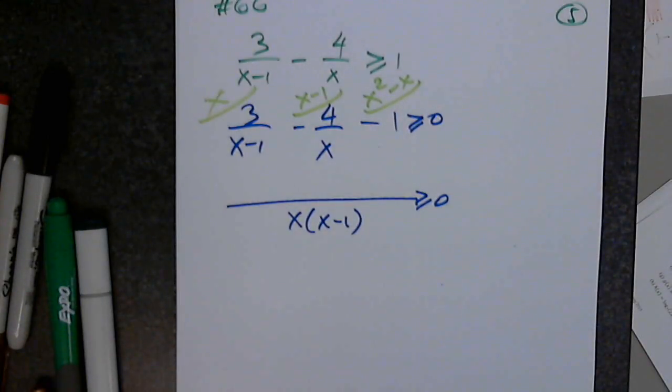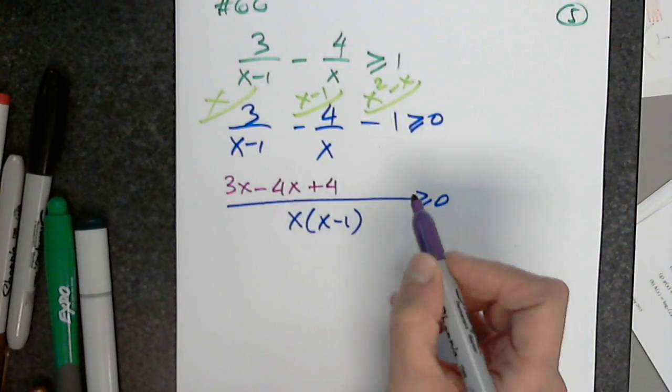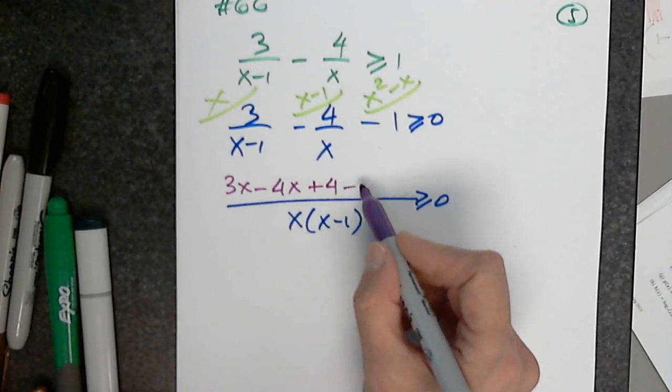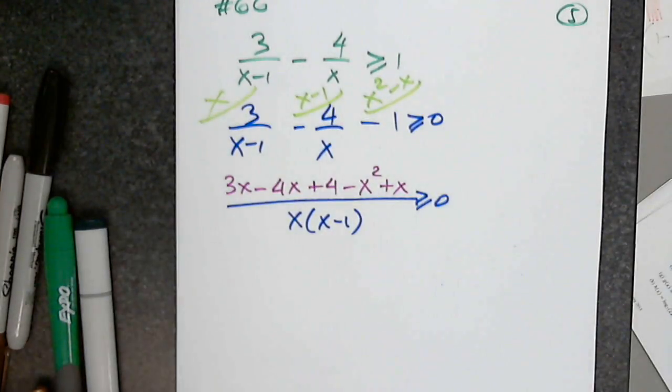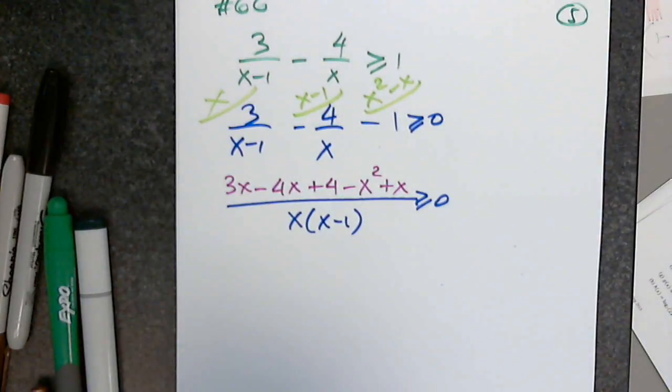At this point in time, this should be routine. So 3x minus 4x plus 4 minus x squared plus x. Very good. Do we all agree with the top? Yes. Good.